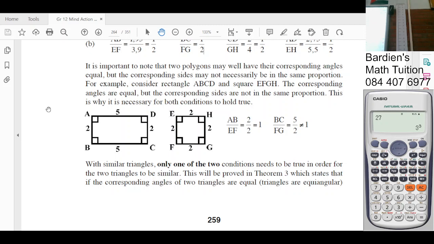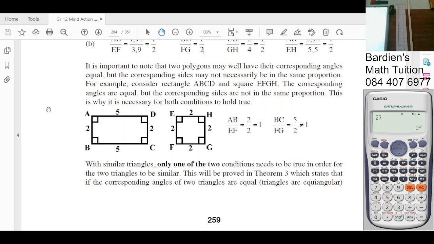No. Because here we've got AB over EF, which is 2 over 2, which gives you a ratio of 1. AD over EH is equal to 5 over 2, which is not the same as 1. Or what they used was BC over FG is 5 over 2, which is not 1.